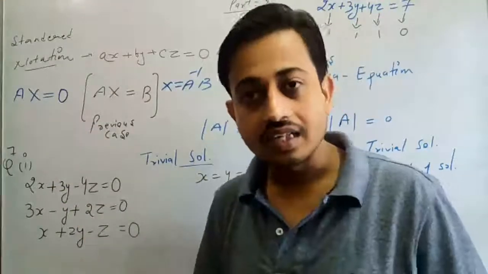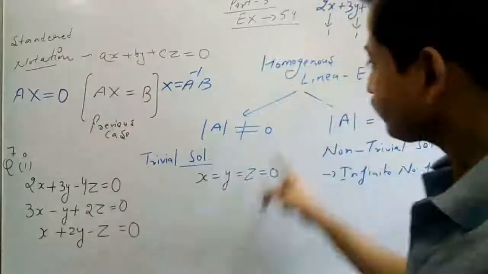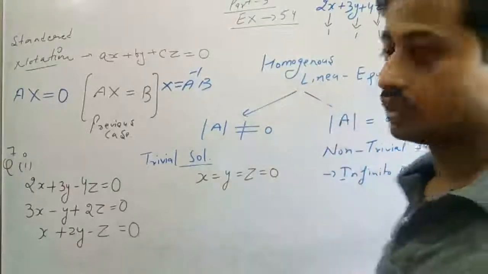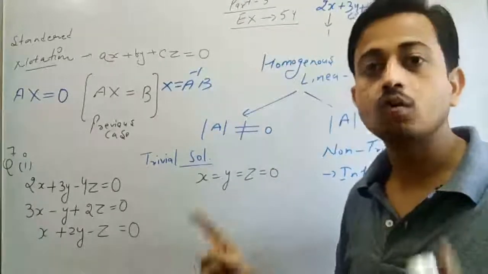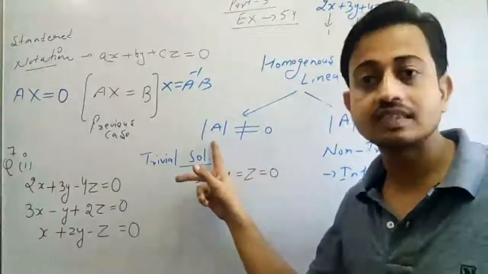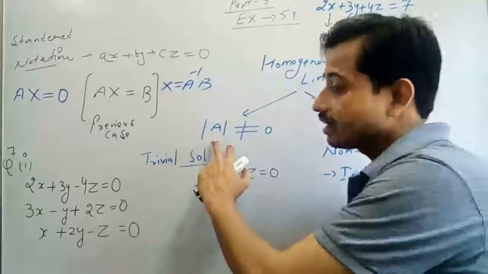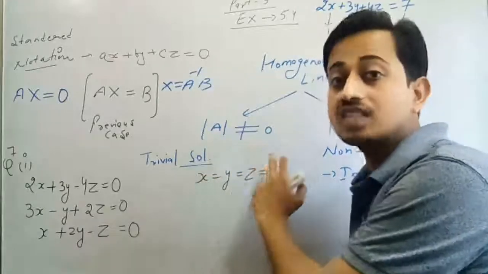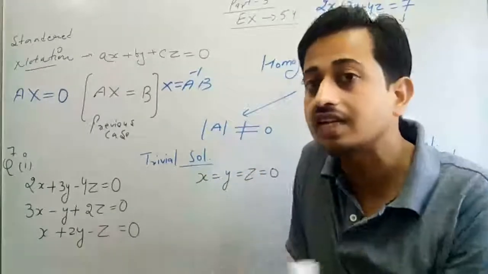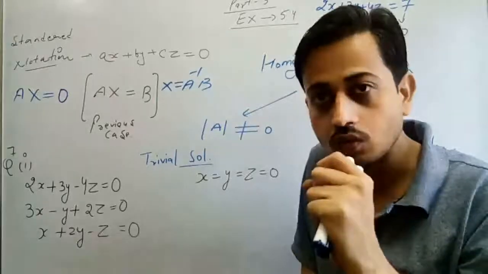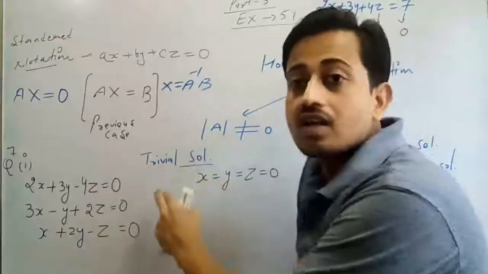So what are the conditions? Please look at homogeneous linear equations. Firstly, you have to calculate the determinant of the matrix A. A is what? The coefficient matrix. If you get the determinant non-zero, it means the determinant of A is not equal to 0, then you get the trivial solution.